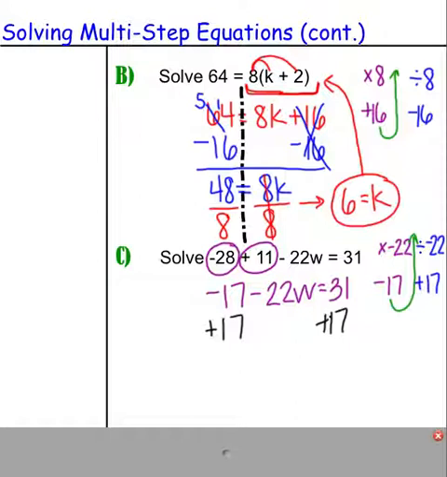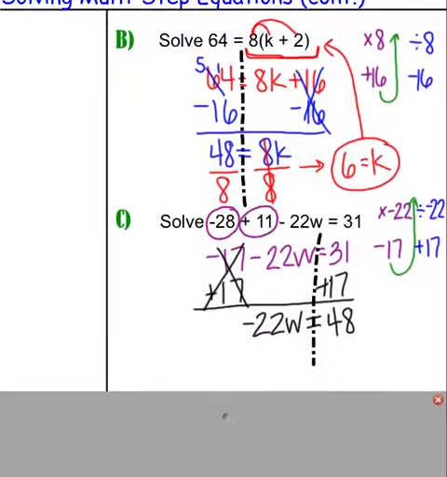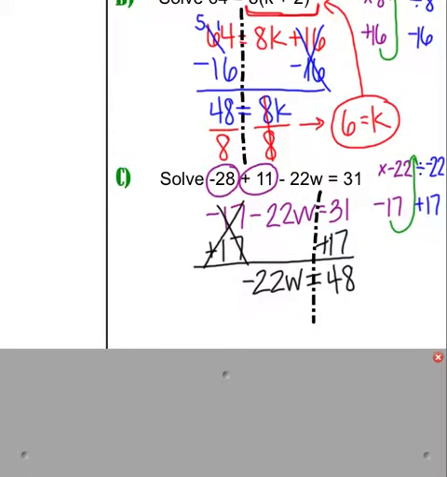And again, I'm going to remember to put in my dividing bar so I remember I'm doing it to both sides. And when I do that, minus 17 plus 17 cancels, leaving me with negative 22w on the left. And 31 plus 17 is 48 on the right. So then let's scroll up a little bit so we can see it a little better.